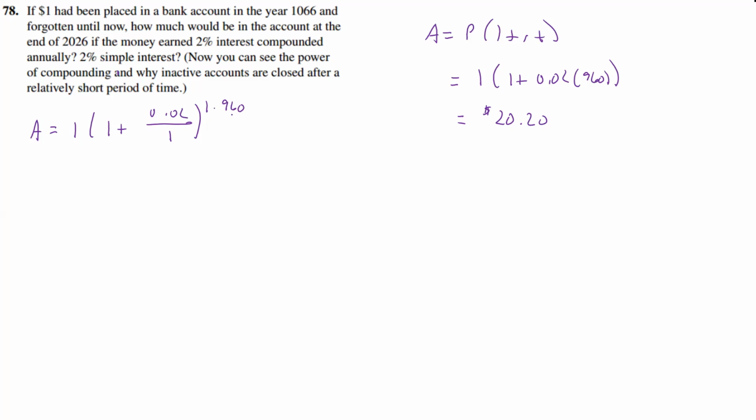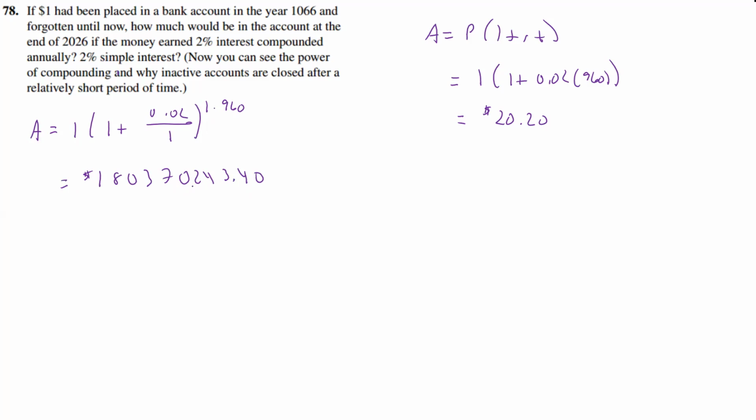So the key here is we're raising it to the power 960. And so when we do that, we're going to get 1.02 to the 960. Well, that's a big number. And so we get 180370243.40.